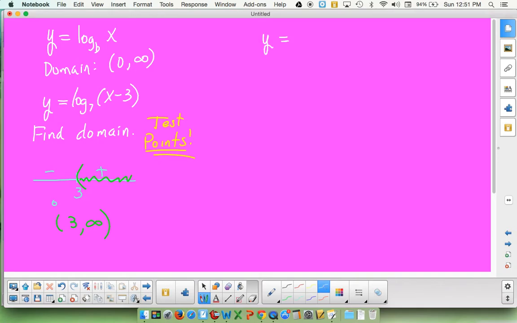Let's do one more here. Suppose I gave you log base 6 of the quantity 4 minus x squared. Notice the base has absolutely nothing to do with the domain. So you would go, okay, I'm just trying to keep positive values in there. How do I do that? Well, I'd have to test points. What numbers make this thing equal 0?